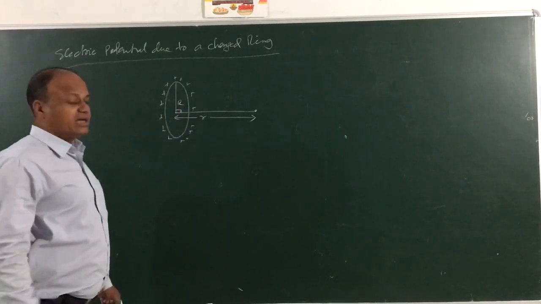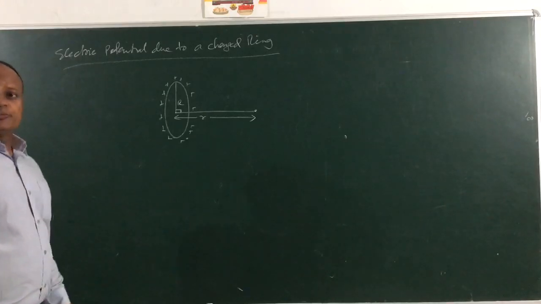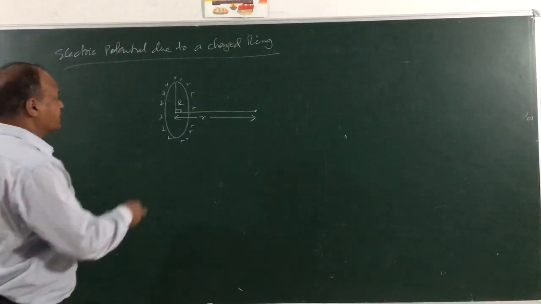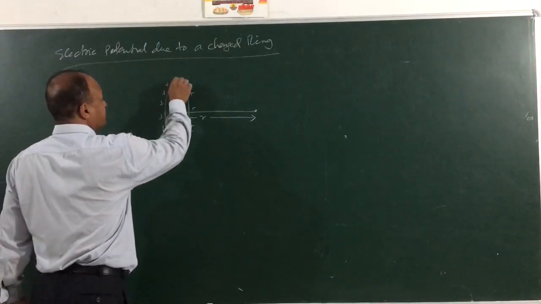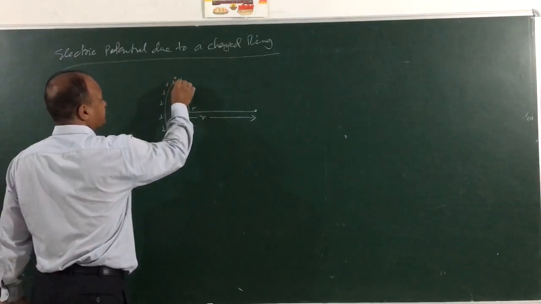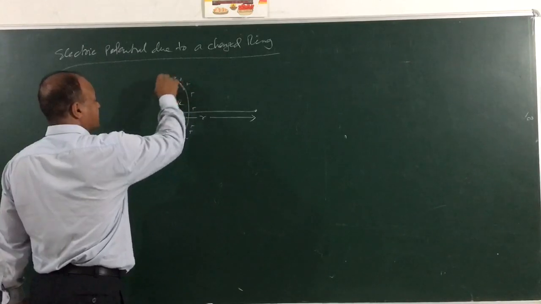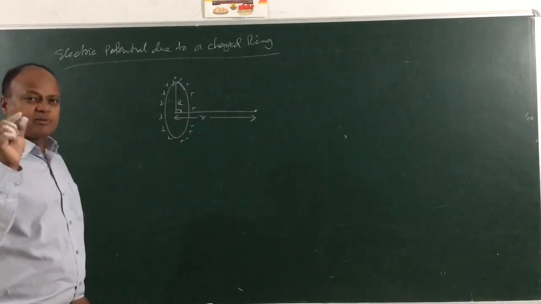I can assume the entire ring to be made up of small charge elements. One charge element is here, and the charge element is here, and here, and here. It's like I'm breaking the whole ring into small parts.